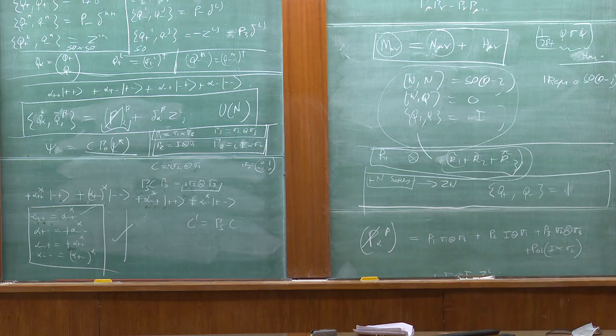So we could choose any 1-2 plane and choose the spins of that plane to tell you whether you've got a creation or an annihilation operator. We make the plus spins, let's say, the creations, and the minus spins the annihilations.